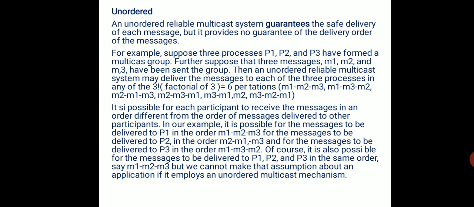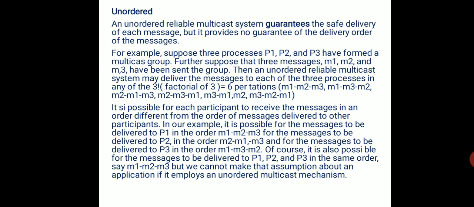An unordered reliable multicast system guarantees the safe delivery of each message, but it provides no guarantee of delivery order of the messages. For example, suppose three processes P1, P2 and P3 have formed a multicast group.